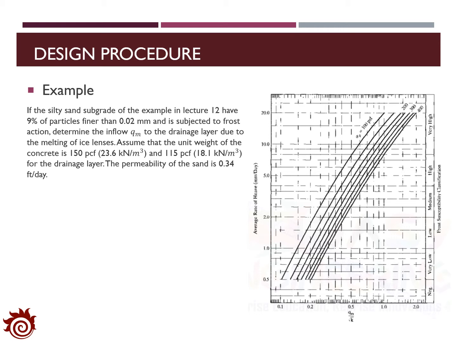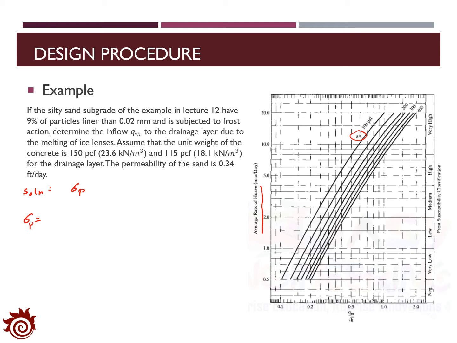So in the solution, we should first find out the consolidation pressure, sigma p. Also, we need to identify the average rate of the heave. The sigma p is determined by the unit weight of the materials and the thickness of each layer. The thickness of the PCC is 9 inches, and the thickness of the drainage layer is 6 inches.